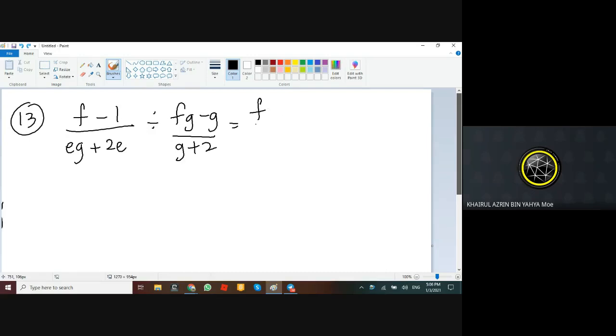EG plus 2E, we can factor E, become G plus 2. Divide, we change to multiplication. Fraction, we change upside down, bagi terbalik. Okay. FG minus G.